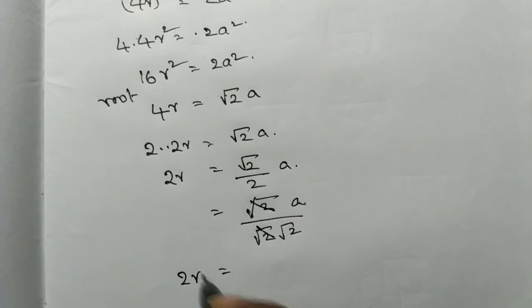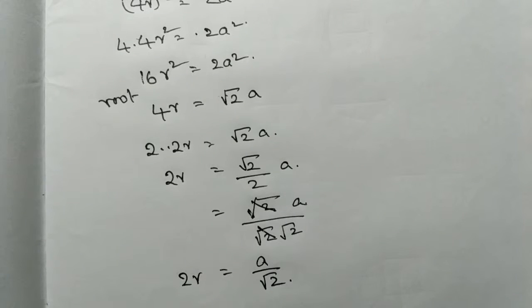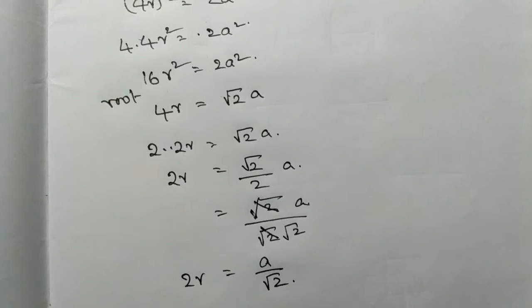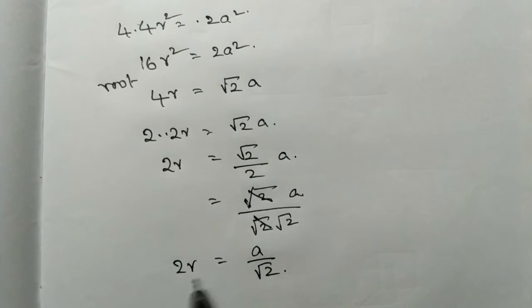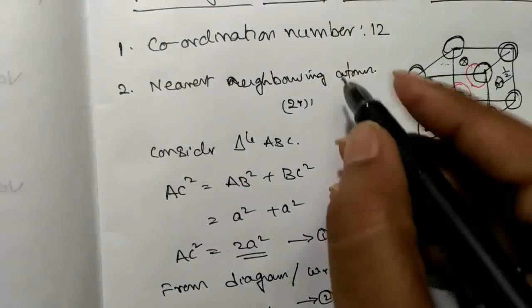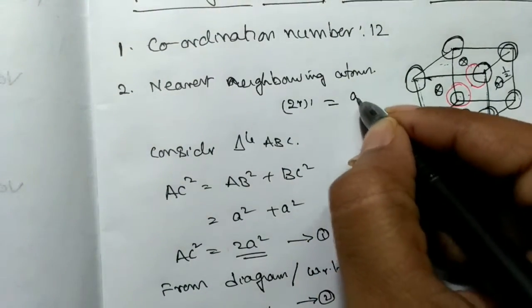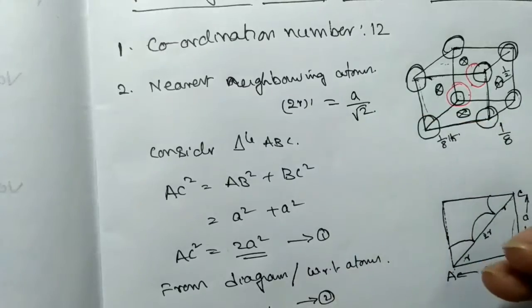That will be 2R is equal to A by root 2. Now write this equation here: 2R is equal to A by root 2.